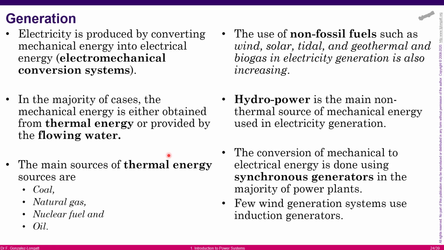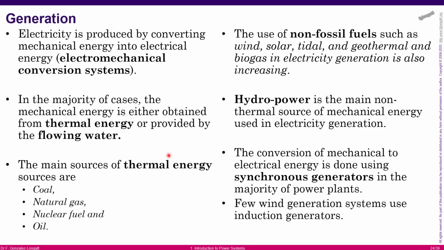Basically, one of the main characteristics or features of those generation systems is very low or almost zero CO2 footprint, okay? Hydropower is a very important component of electricity production in some countries.